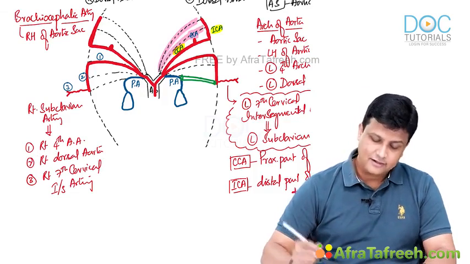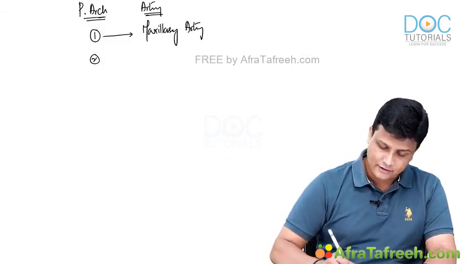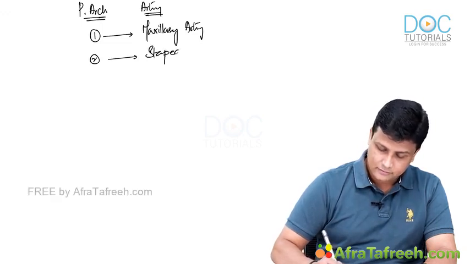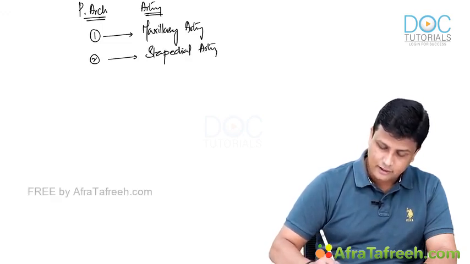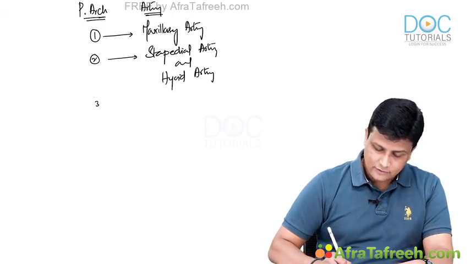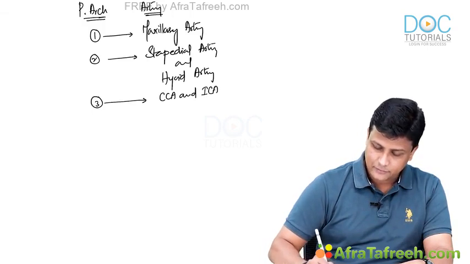Then what about the second arch artery? The second arch artery is the one which is going to form the stapedial artery and hyoid artery. Then arch number 3, we have already seen just now, is the one which is going to form the common carotid artery as well as the internal carotid artery.